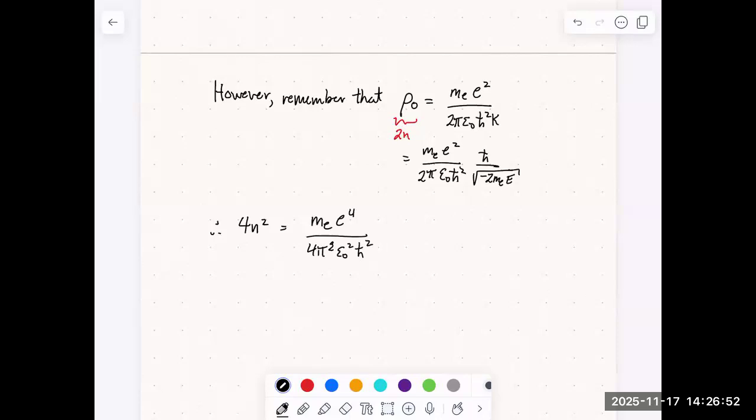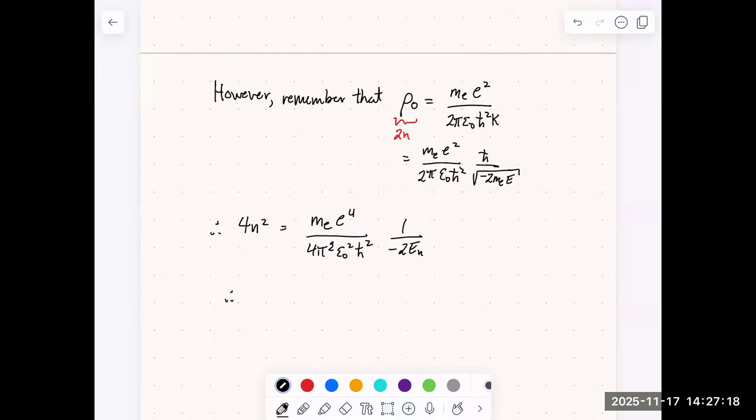So this would become h bar to the 4th, but then this is an h bar squared, so we get h bar squared in the denominator. And then we have a 1 over minus 2e. I'm going to put a little subscript n on here because now this energy is going to depend on the value of this integer, little n.